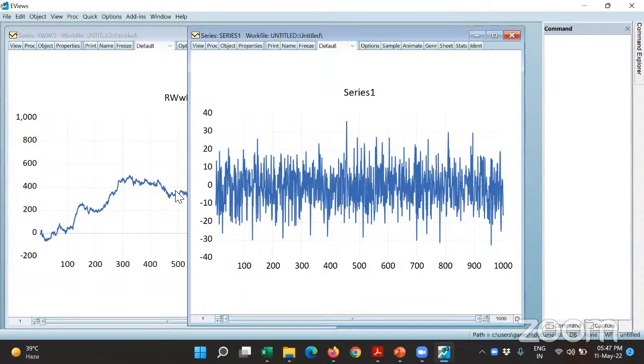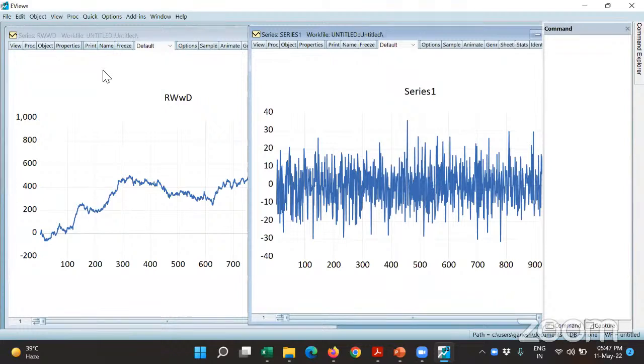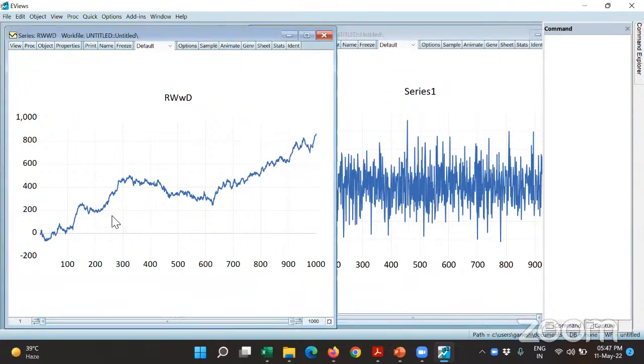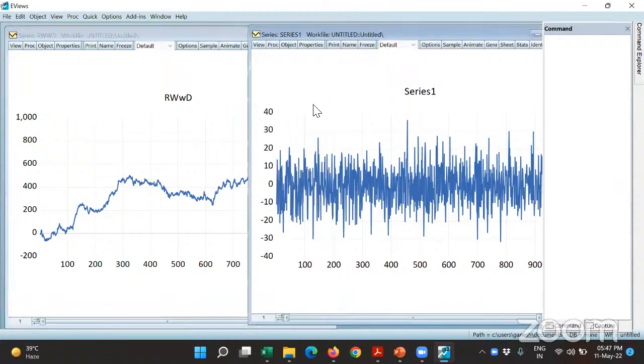So I didn't opt for those kinds of variations in my testing procedure. But in this case, you can clearly see that this has some sort of trend. It's moving upward. So there is some trending, and your non-stationarity test should also be able to capture this trending behavior as well. So when you go for the testing procedure, you also need to identify these aspects and use them in your testing procedure itself.